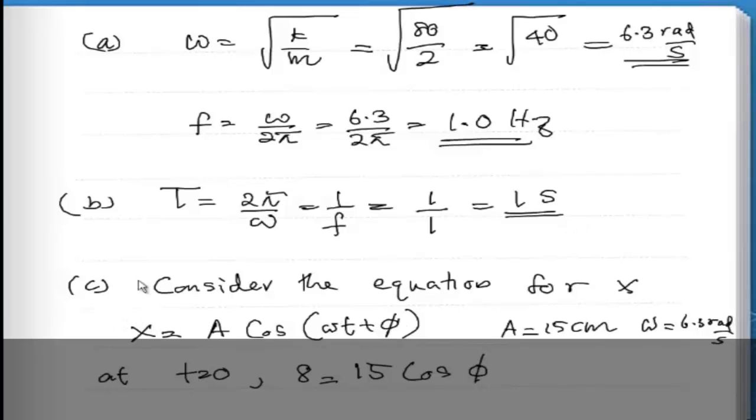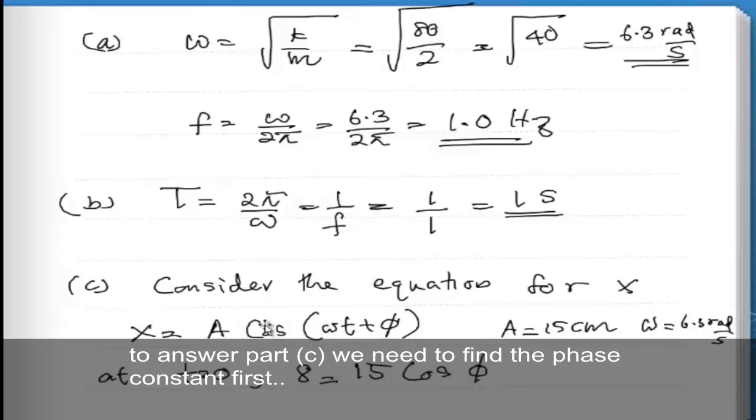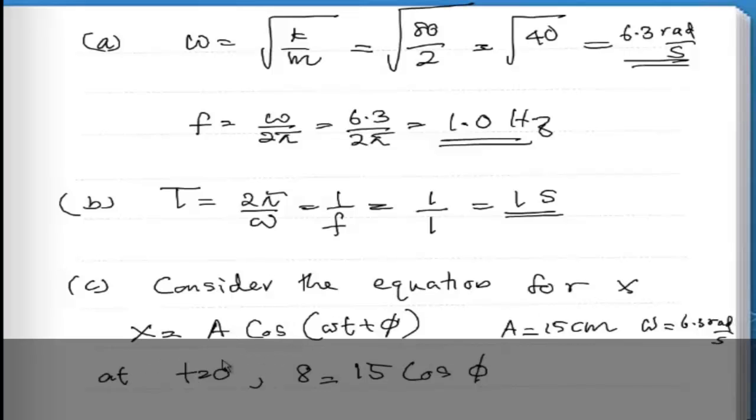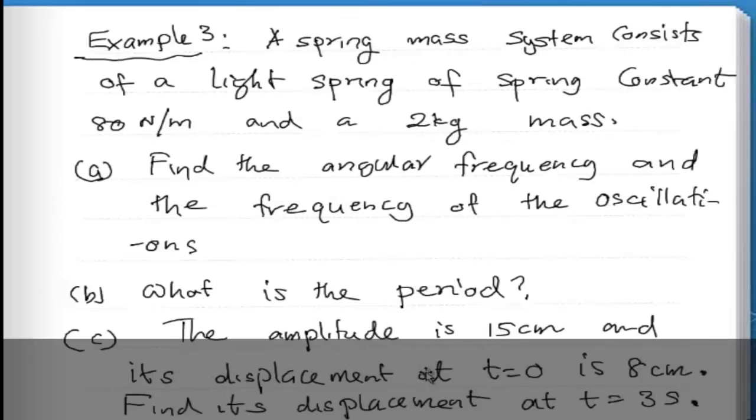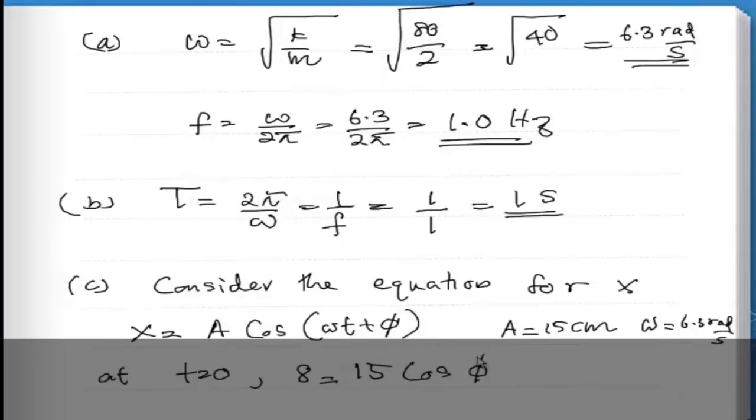To answer part C, we need to find the amplitude and the phase factor. Question C is asking us to find the displacement at t equals 3 seconds. The amplitude is 15 centimeters. So we have the amplitude, but we still don't know this phi.